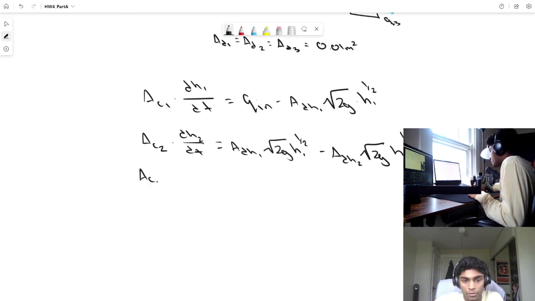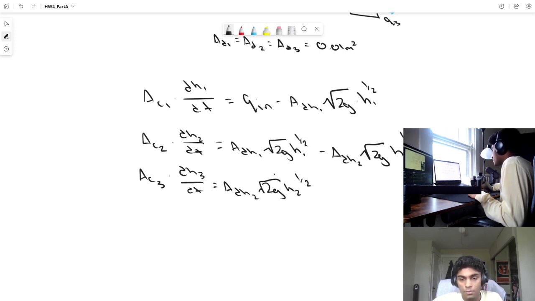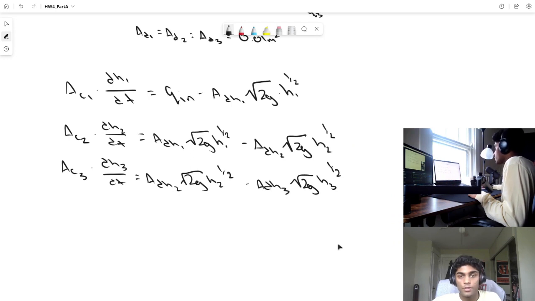Going to derive each of these differential equations. And these are the first set of differential equations we're going to use to try and solve this problem.